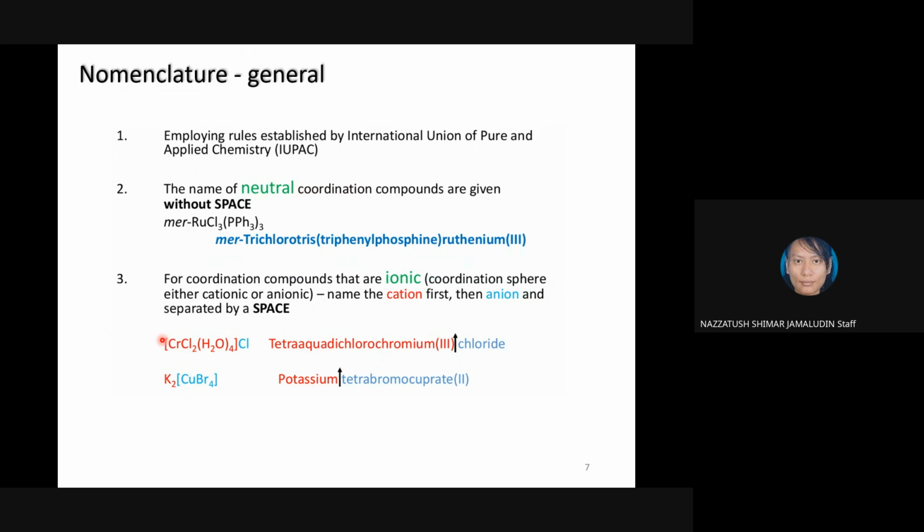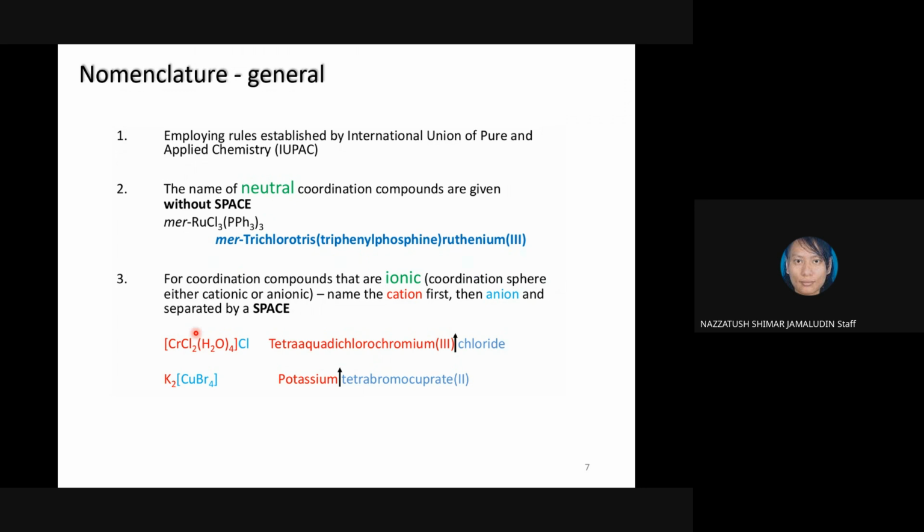Now, because cation is always in front, when the metal is part of the cation substance, the metal will be named as it is: chromium, copper, argentum, aurum, cadmium, mercury, and so on.